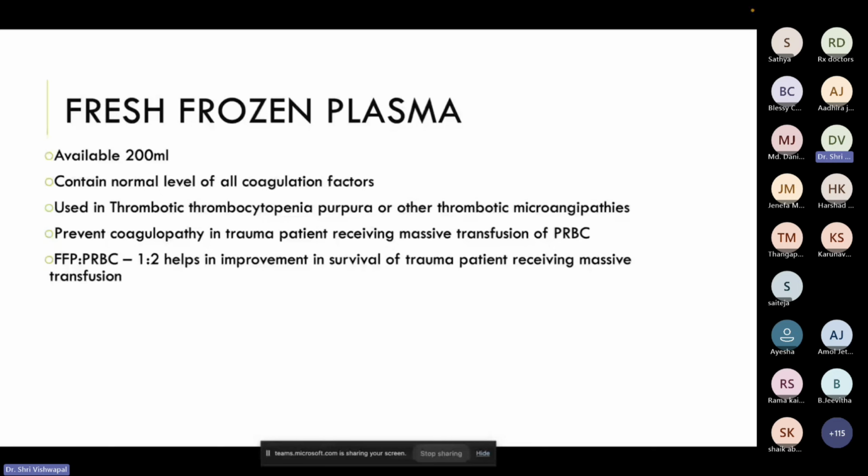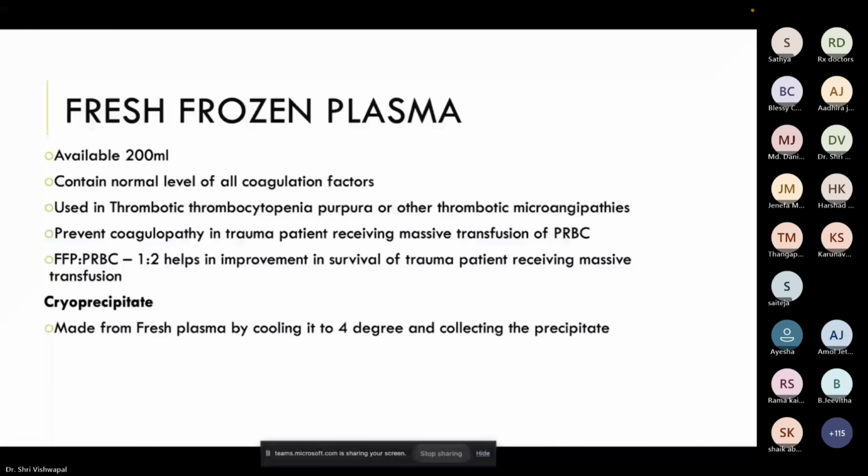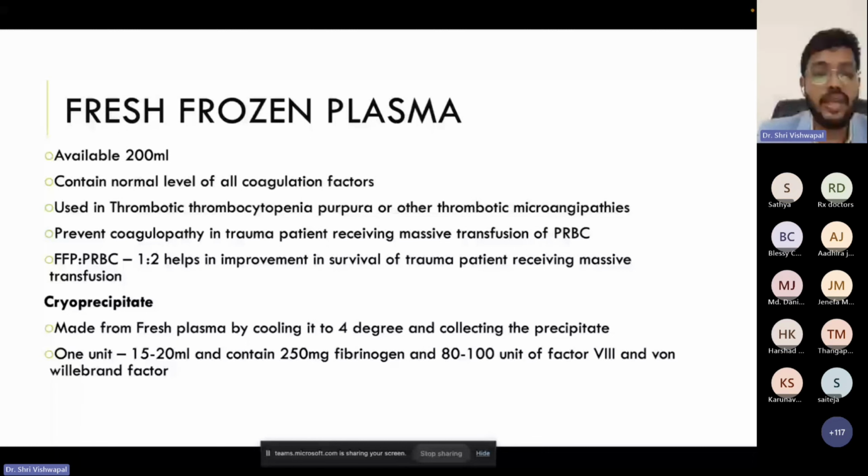And cryoprecipitate is prepared from fresh plasma, which is cooled to 4 degrees Celsius, and 1 unit contains 15 to 20 ml. These units are very important. Fresh frozen plasma is around 200 ml, and 1 unit of cryoprecipitate contains 15 to 20 ml, which contains 250 milligrams of fibrinogen.